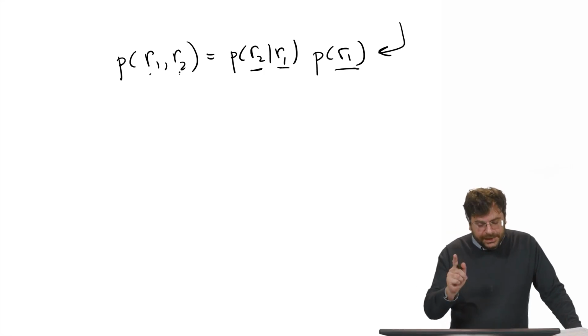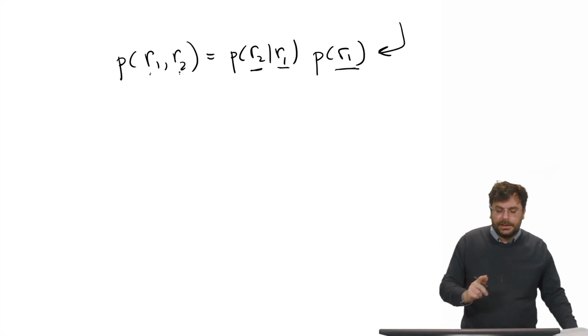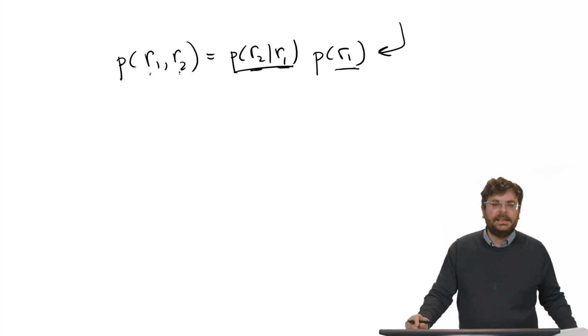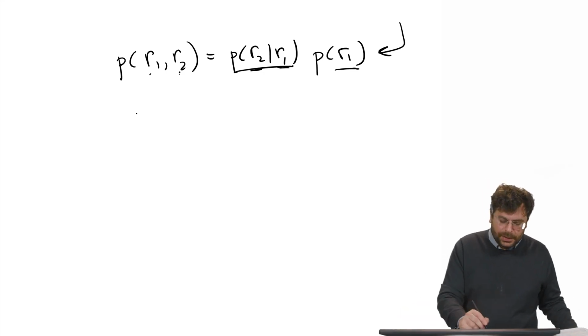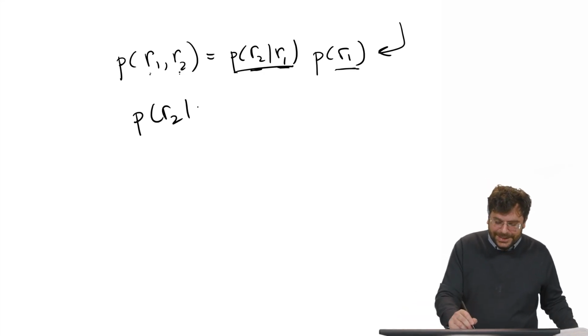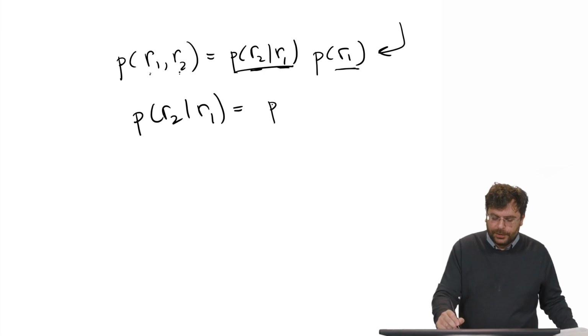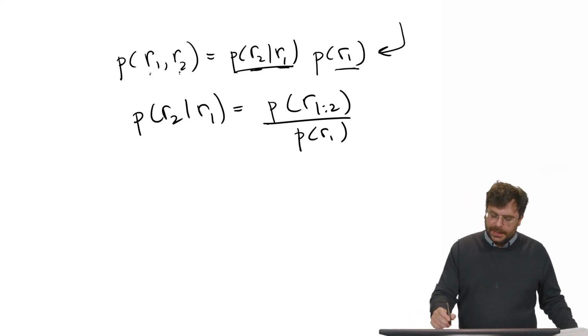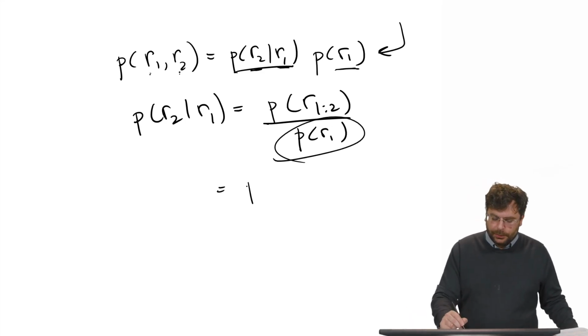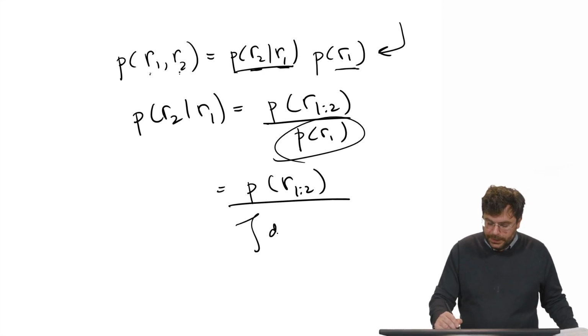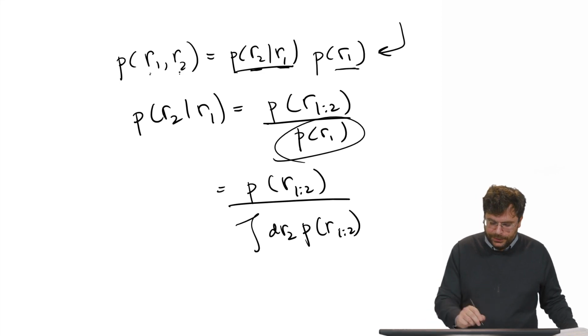And in fact, it gives us the answer to the question we wanted. How do I write down the conditional distribution? Well, it immediately tells us that the conditional distribution follows by dividing the joint with the marginal. And how do I obtain the marginal? Well, I obtain the marginal by marginalizing over the joint distribution.